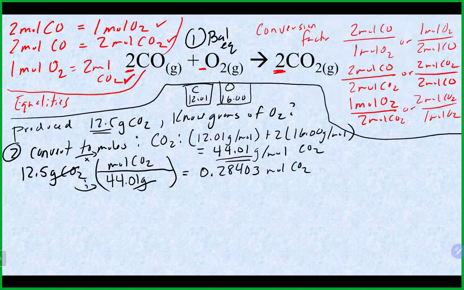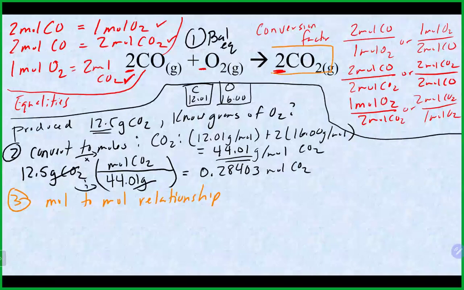Now, the third step is actually the stoichiometry step, and this is our mole to mole relationship. So what relationships should we be looking for? We should definitely be looking for what was given to us in the equation, which in this case is CO2. And the second thing we should be looking for is what we're trying to find, which in this case is O2.